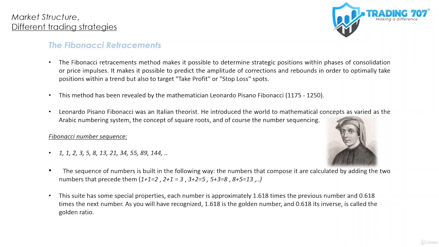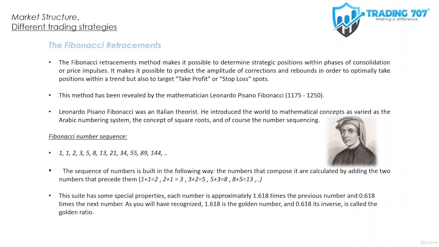Thus, 1 plus 1 is 2. 2 plus 1 is 3. 3 plus 2 is 5. 5 plus 3 is 8. 8 plus 5 is 13, and so on. The sequence of numbers is therefore 1, 1, 2, 3, 5, 8, 13, 21, 34, 55, 89, 144, and so on.